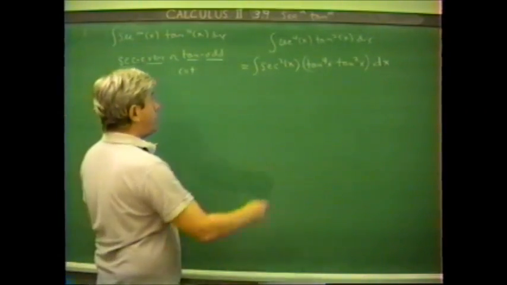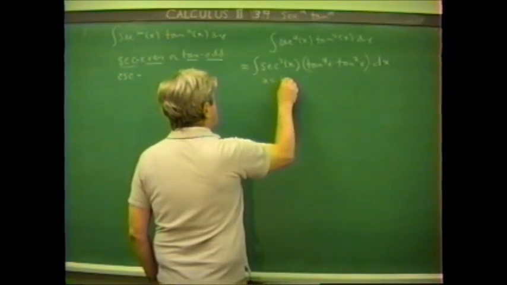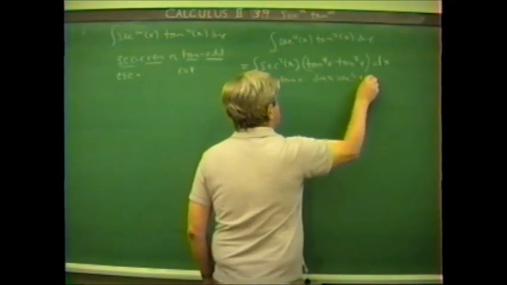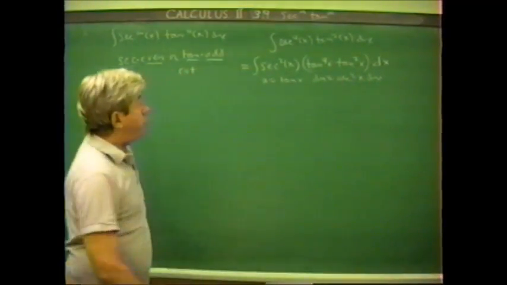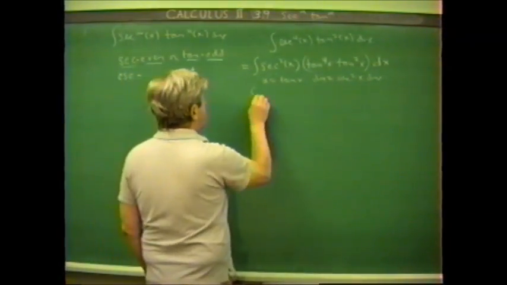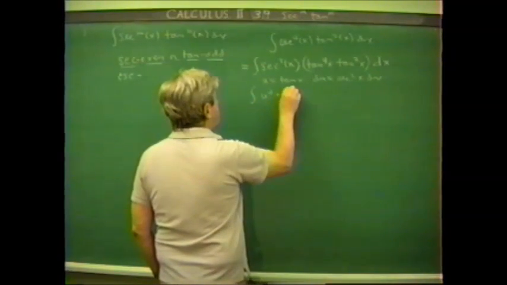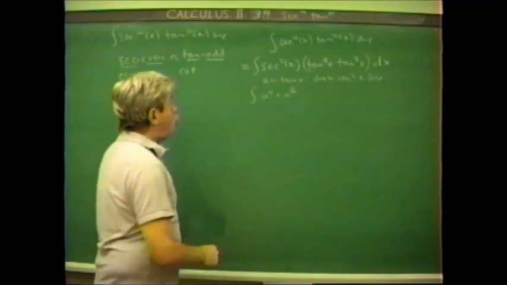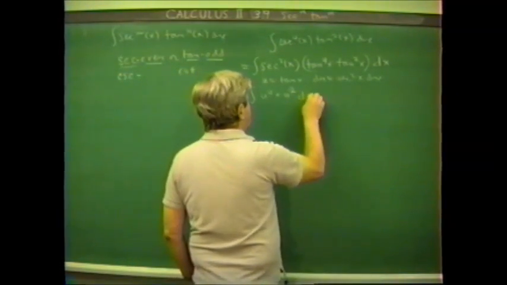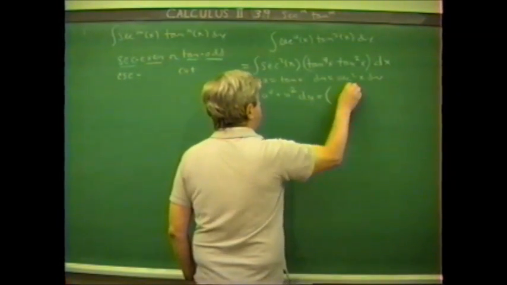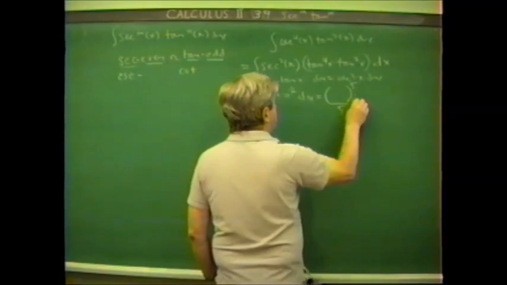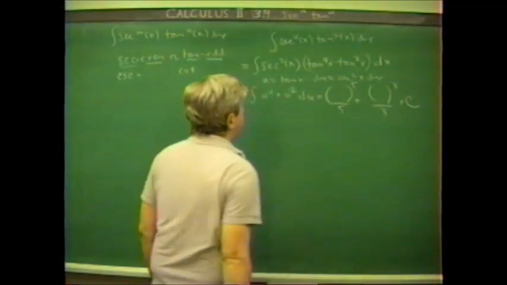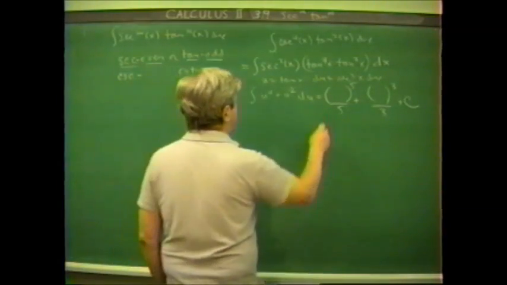And now if you let u equal tangent x, du is secant squared x dx, and this becomes u to the 4th plus u squared du. The antiderivative of that is u to the 5th over 5 plus u cubed over 3 plus any constant, and now u is tangent x.